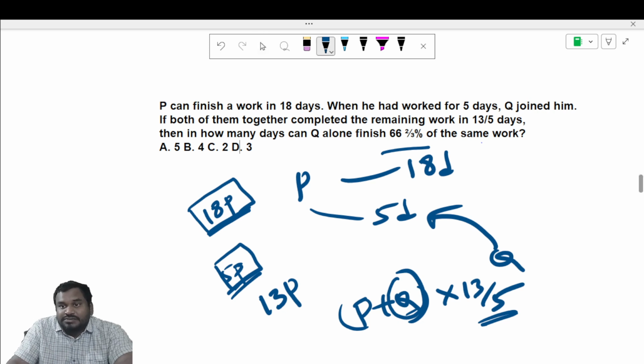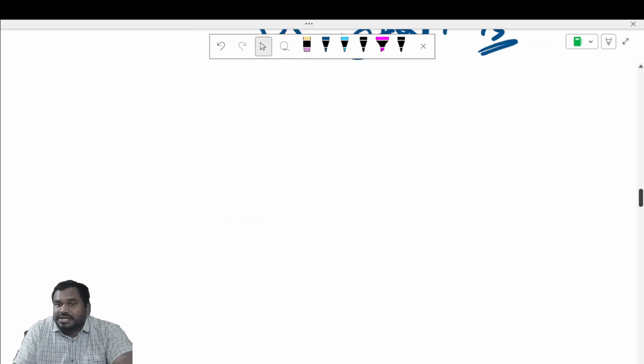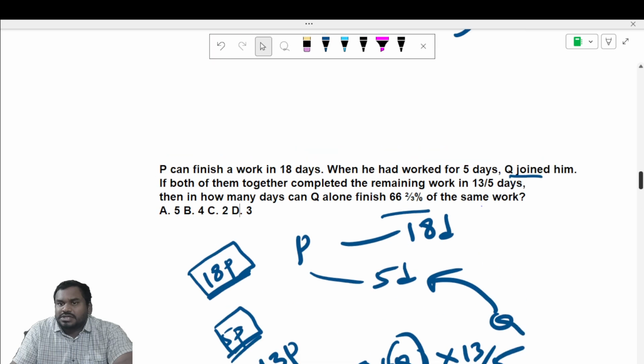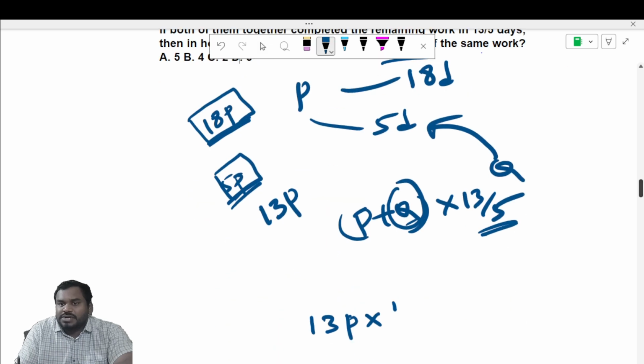But 13 parts of work is completed by taking help of Q. When Q joined him, both of them together completed the remaining work in 13 by 5 days. So 13 by 5 days, which formula am I using here?